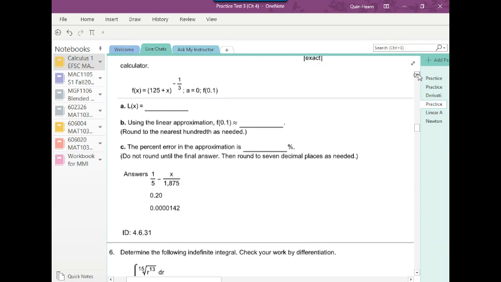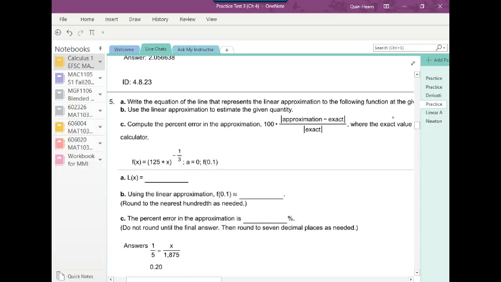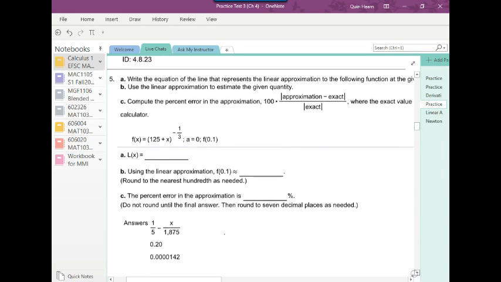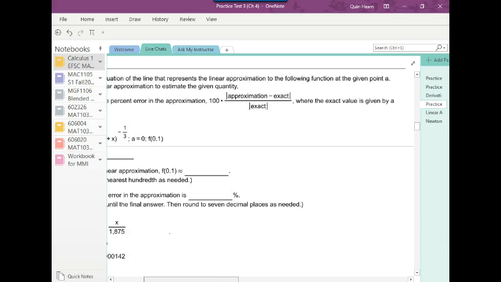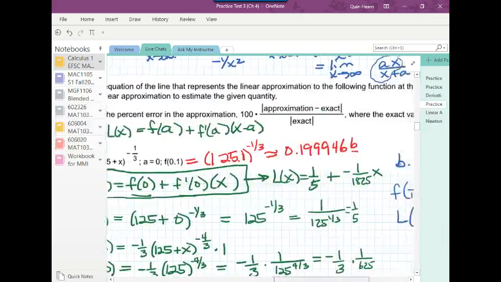Oh, and then, I'm sorry, I forgot. We're supposed to multiply that by 100. That's still not going to work, though. I must have hit something wrong in my calculator. Hold on. Oh, I know what. No, that's not right. That's not true.